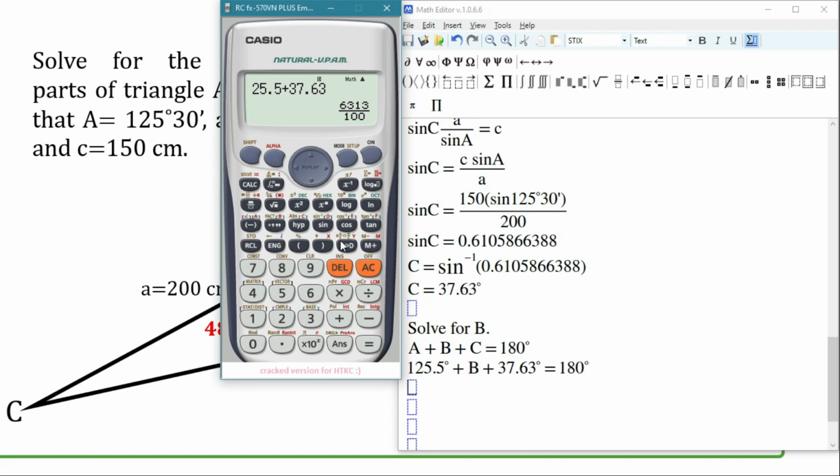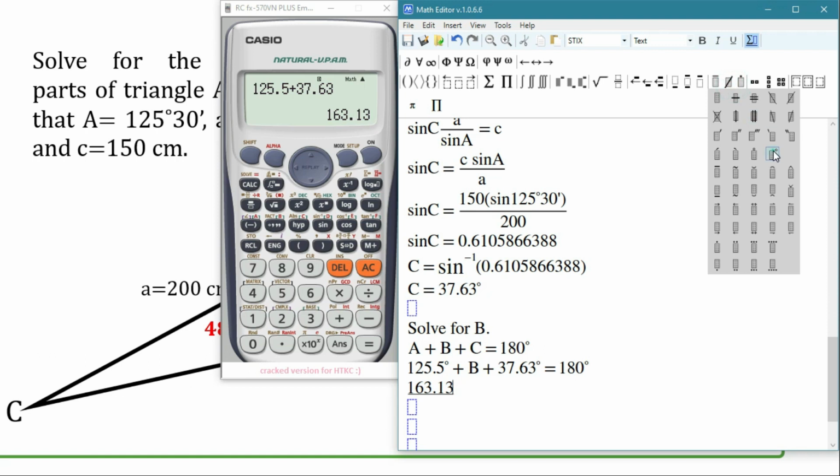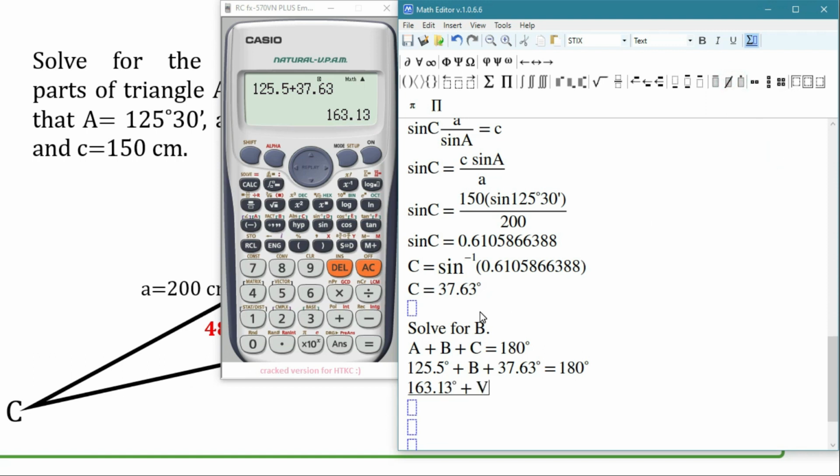And that is equivalent to 163.13 degrees plus B, since B is unknown, equals 180 degrees.